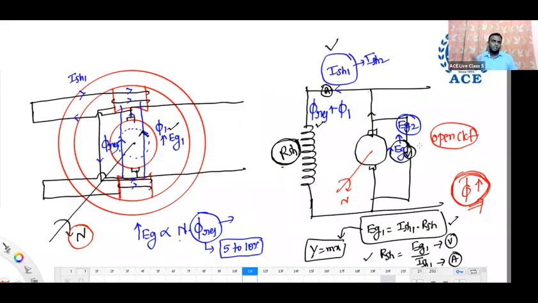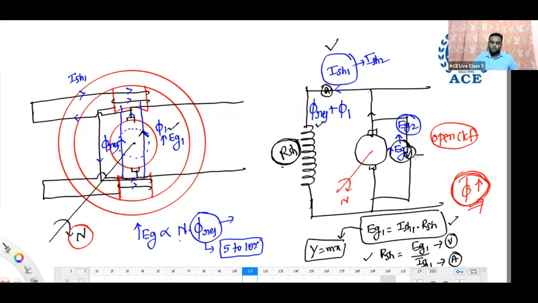Rated voltage immediately. How much time will the generator take to get rated voltage? One minute, slowly step by step? No, just 2-3 seconds. Just in 1 or 2 seconds, if you see the voltmeter reading, you will get rated voltage. Immediately, once you start rotating, voltage quickly builds and reaches rated constant voltage, 220 or 230.